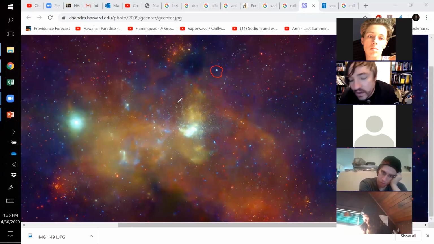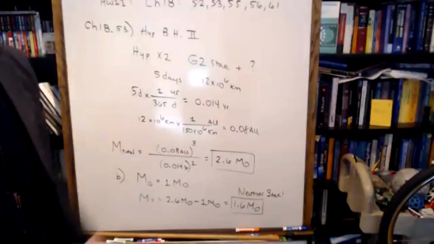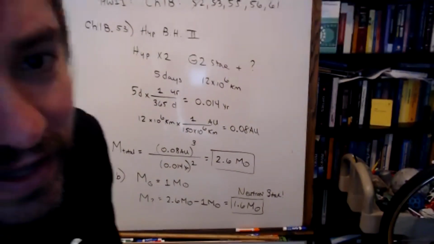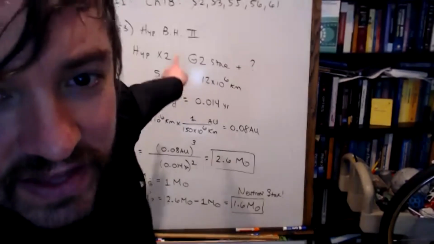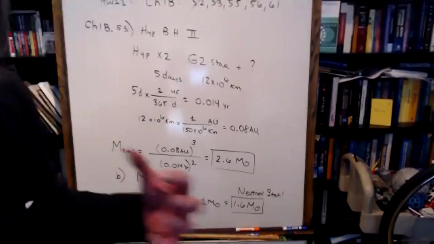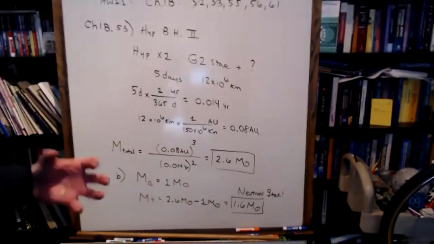You calculate the period of its wobble, and you infer the mass of the unseen companion, and then you use the technique that we just used right here. Depending on the mass, you conclude, aha, this is a neutron star, this is a black hole. So that's the thing that I wanted to tell you for free, Morgan. I'm not even going to charge you a nickel, is that you can actually see all these X-ray sources just by looking at the Milky Way galaxy with an X-ray telescope. That's why X-ray telescopes are so cool.